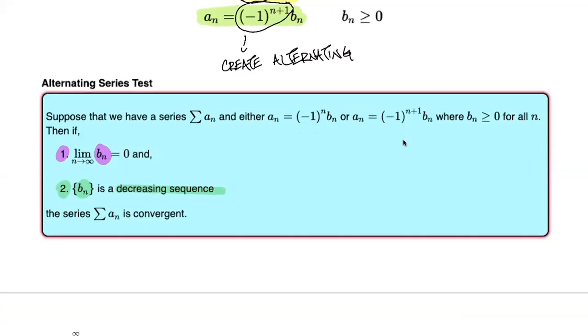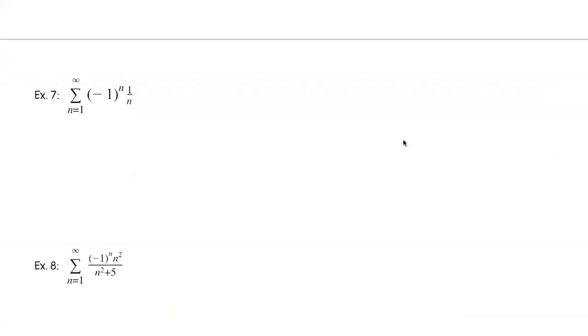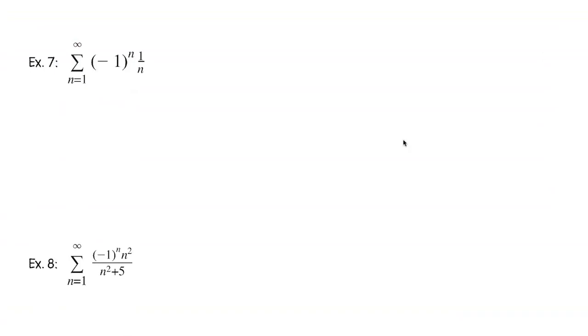Okay. So let's take a look at some examples. Number 7 is an alternating series, right? I know that because I have a (-1)^n.